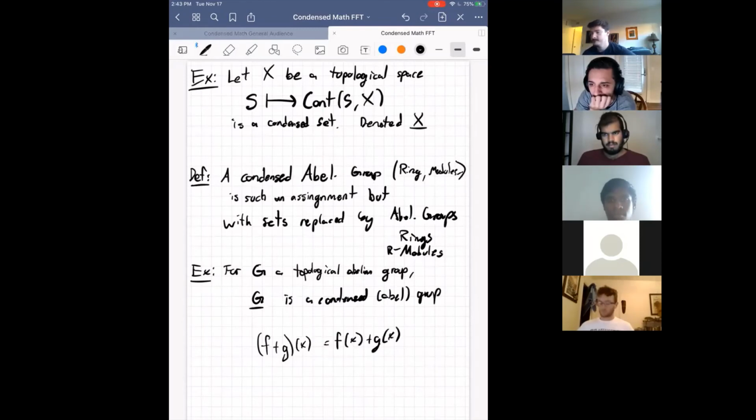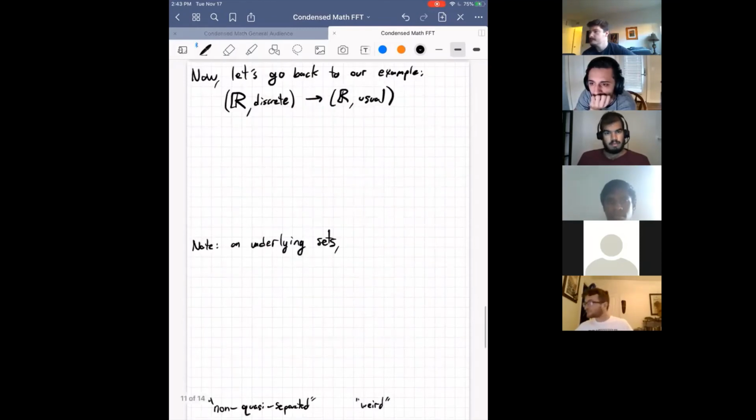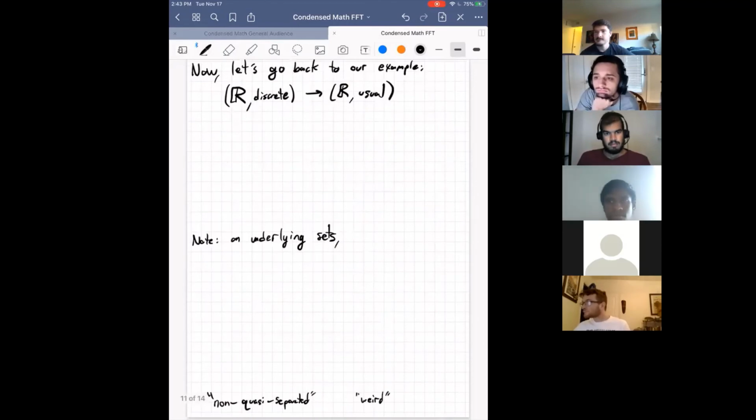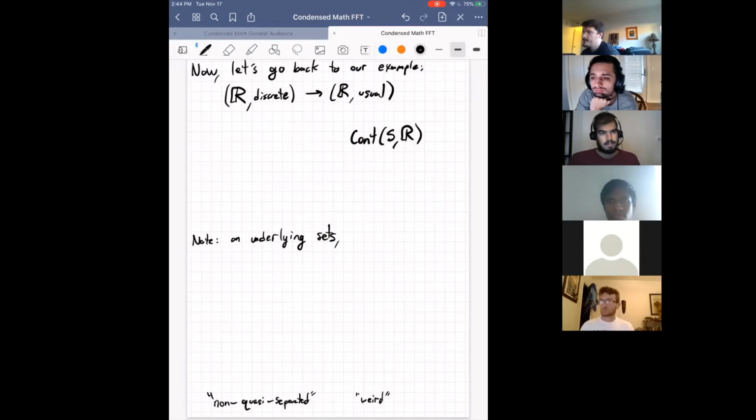Okay, so let's go back to our example. What happens when we condensify? Well, right here, we're going to get the continuous maps from a totally disconnected set to R. So that's what's going to happen to this guy. And then what's going to happen to this guy? What are the continuous maps from S to the discrete topology?